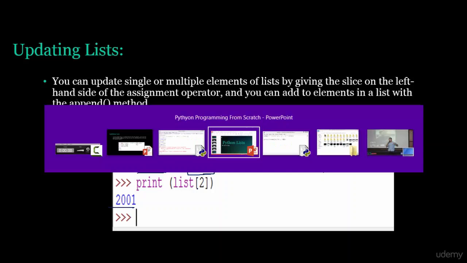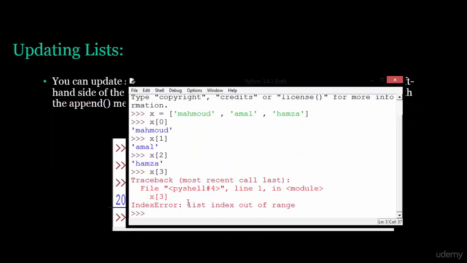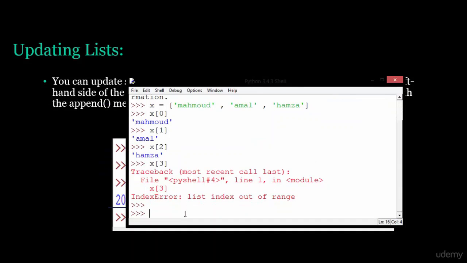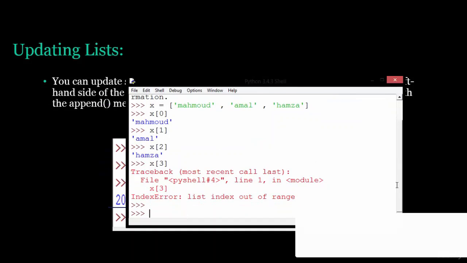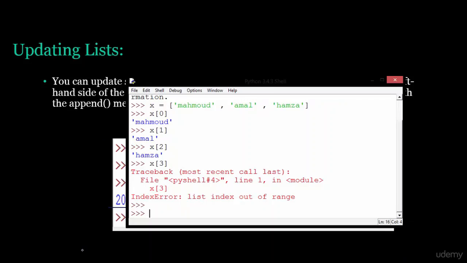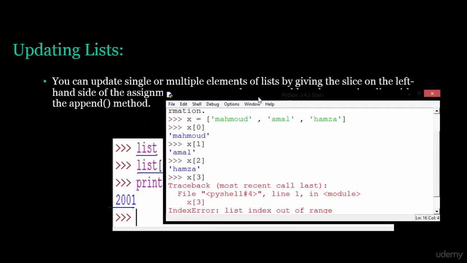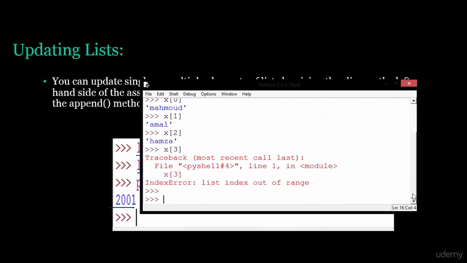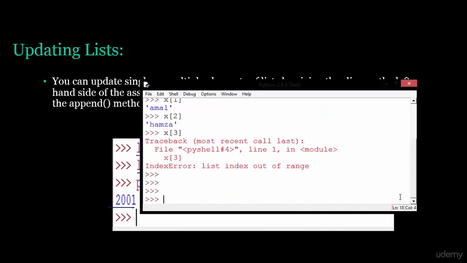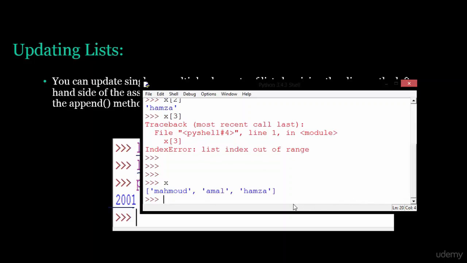Let's try this in our shell. This is our list here, x equal to Mahmoud, Amal, Hamza.